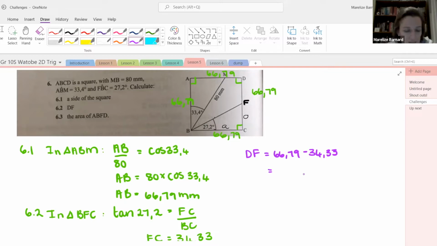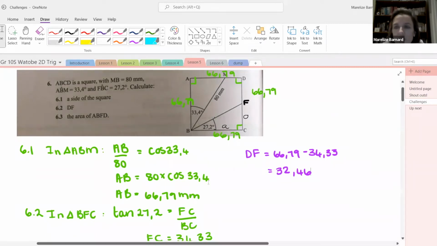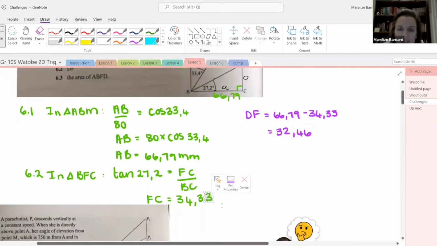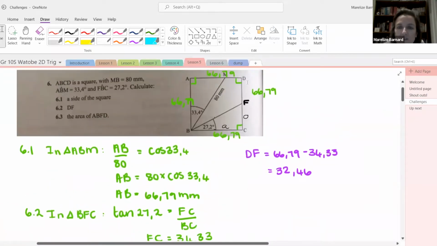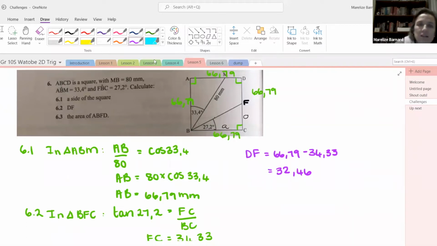Now we're going to do DF, and that's 66.79 minus 34.33, and that gives me 32.46. Okay, that's right now. So Charmaine, everyone, Mchlali, who got 34.33, that's right for FC. The question, however, asks for DF. So we have to take the full length of DC, which is 66.79, and subtract FC from it. That is how we get DF.